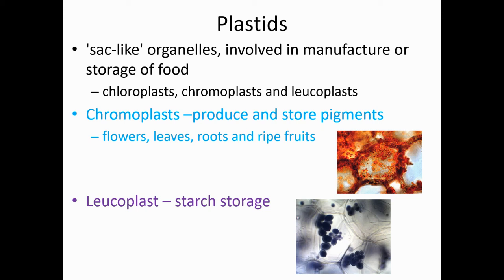Here's a tomato plant, right here, that you can see the red in. Okay, that's a chromoplast. The other ones are leucoplasts. Leucoplasts are starch storage. So we talked about that with potatoes when we did the calories lab, and starch as a polysaccharide as well. So leucoplasts, starch storage.